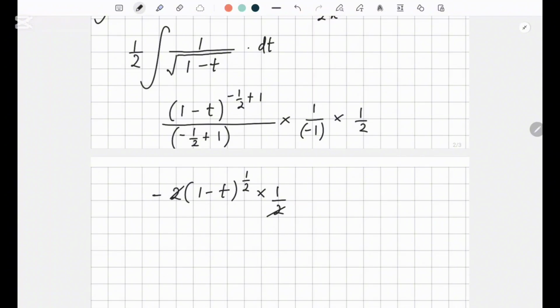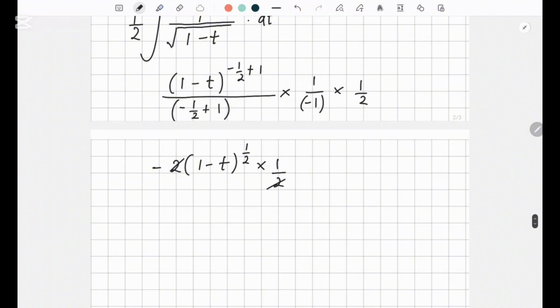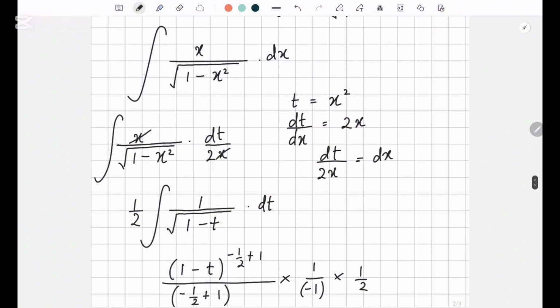So these two cancel off, and if you put your substitution back in, it's minus 1 minus x squared to the power half, because t equals x squared was the substitution.